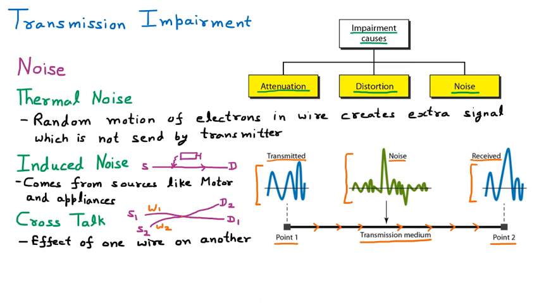Now the last type of noise which we have is impulse noise. Impulse comes from electricity. So I am taking one example. Let us suppose that there is a wire going from the source to the destination. This is the telephone wire through which we are talking.